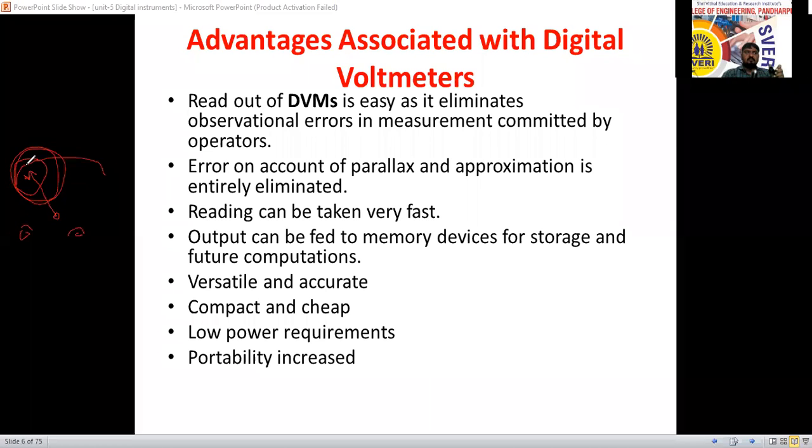Discussed or not? So those observational errors we can eliminate by using these digital voltmeters.